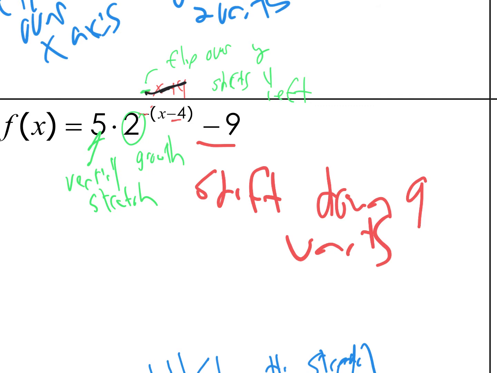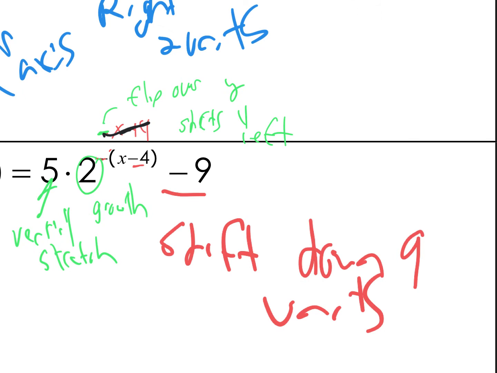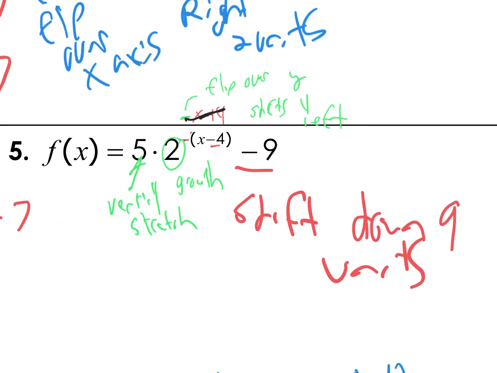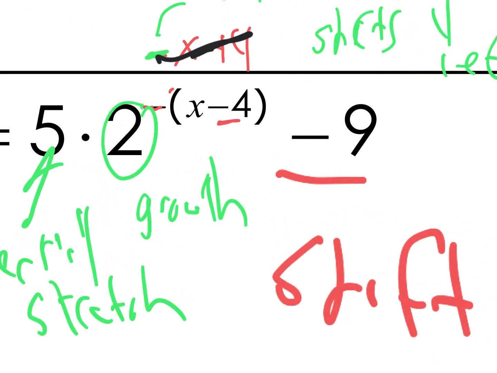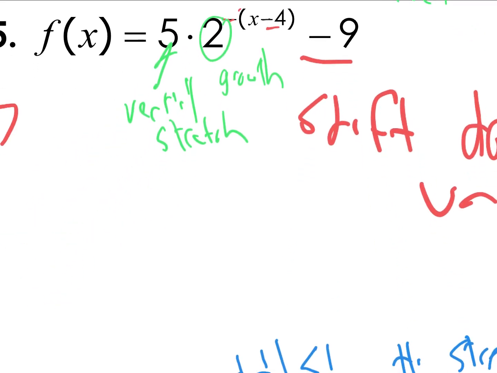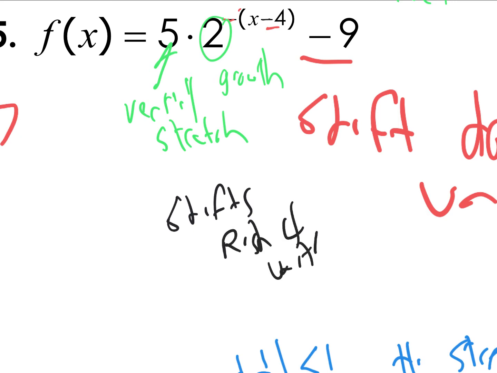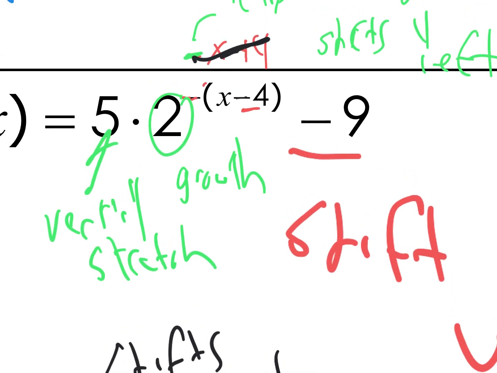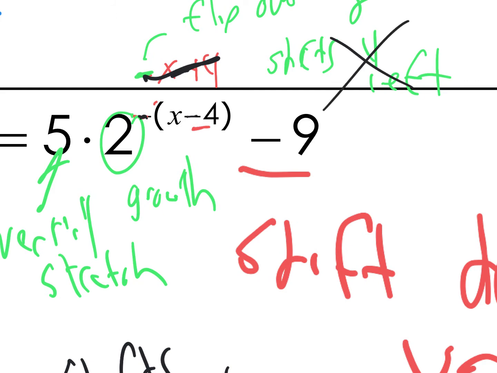If I keep the negative outside of it, like it was, then this makes it shift right 4 units. It's still going to have a flip over the y-axis because there's that negative in front of the x. That's wrong, so take that off.